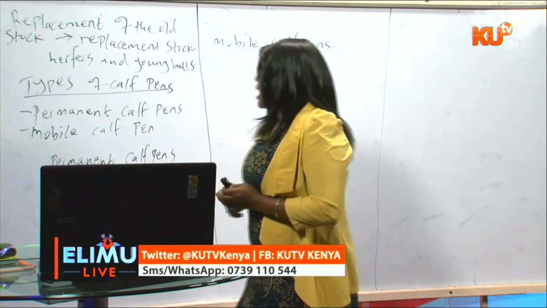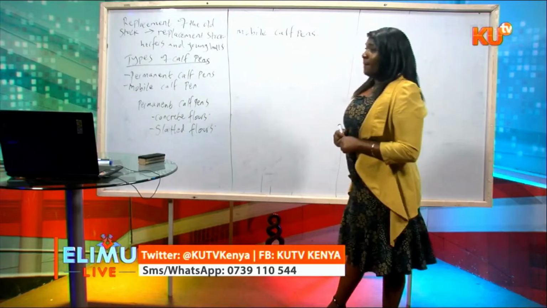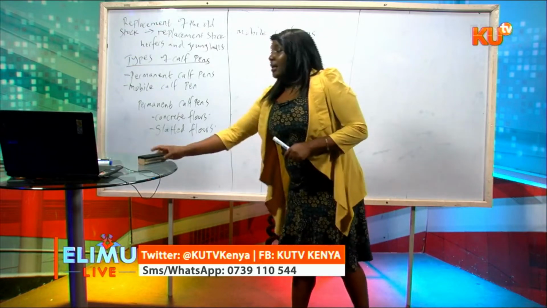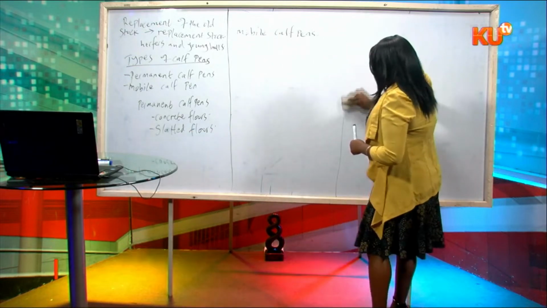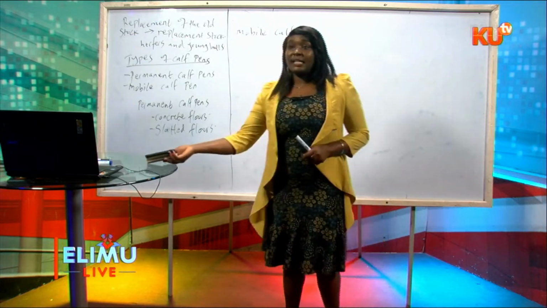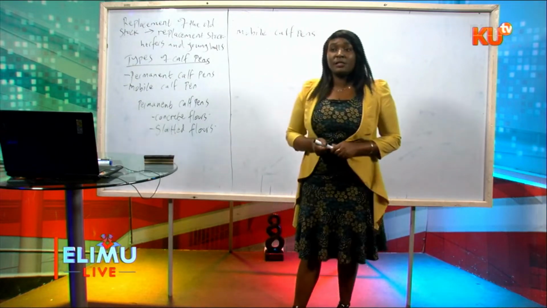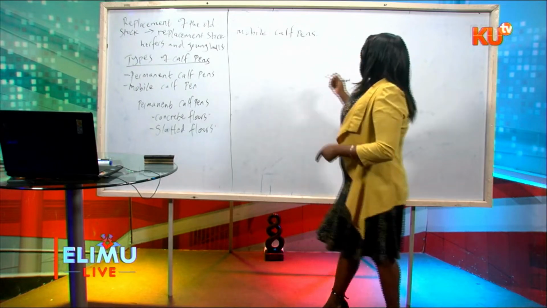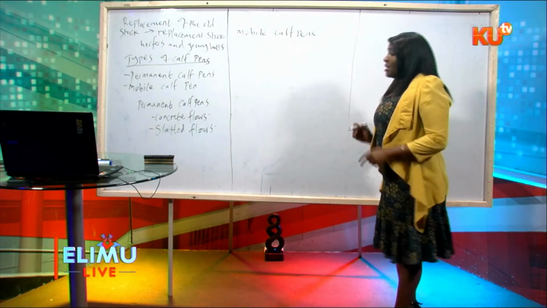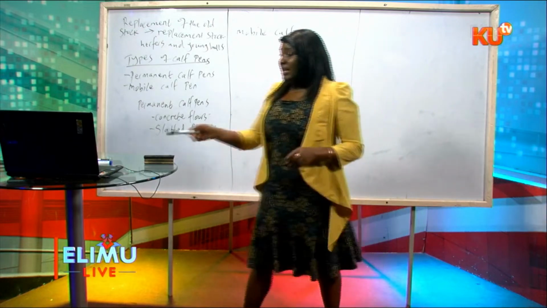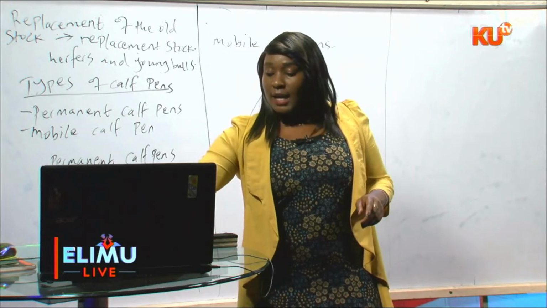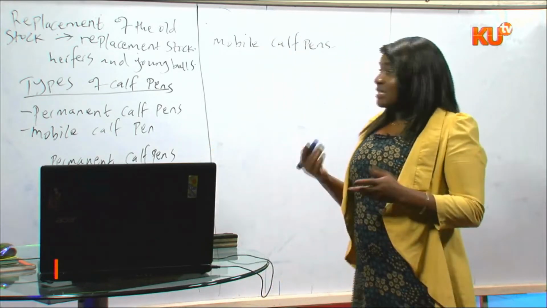After looking at the types of calf pens, the next objective of this lesson, and I think it is the one that is carrying the weight of the day, because I believe you have interacted with questions in your different schools, and you have realized that this is a very common question in the exams, especially in that section C that carries almost 16 marks.